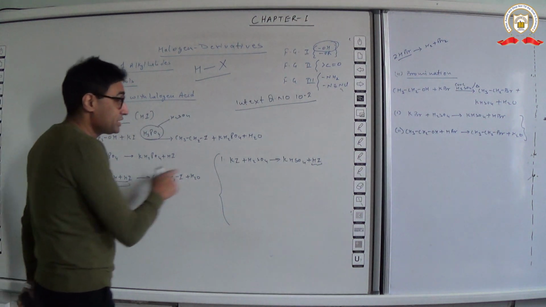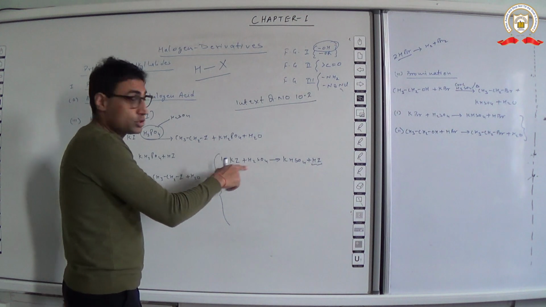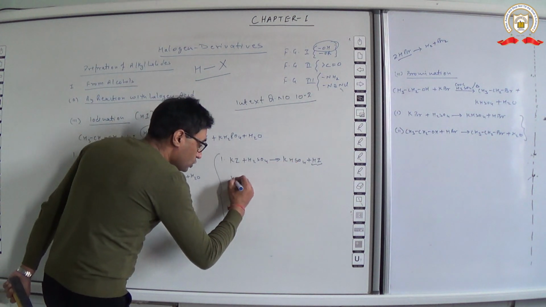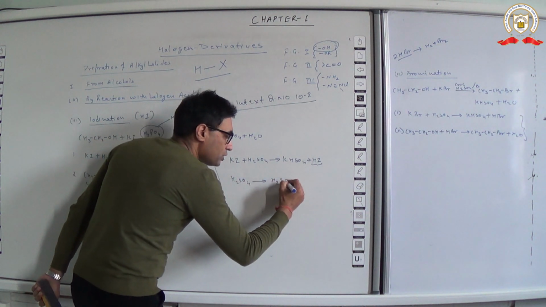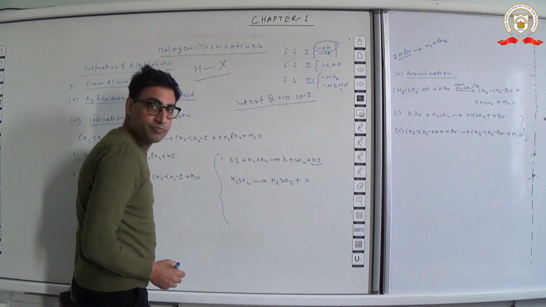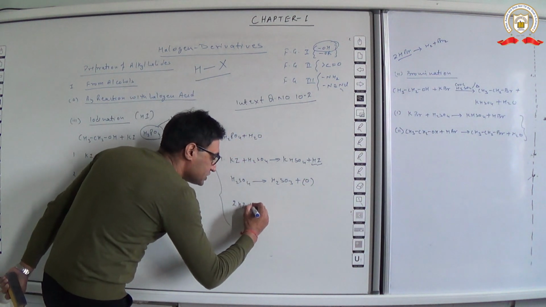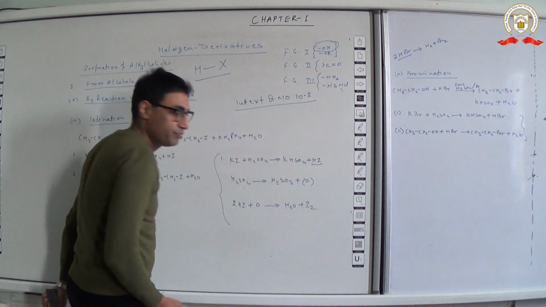But the situation is different now. H2SO4 is not only donating a proton, giving H positive ion to form HI, but H2SO4 is a good oxidizing agent also. It would have got converted to H2SO3 along with an oxygen. And this oxygen would have combined with 2 moles of HI to form H2O plus I2.